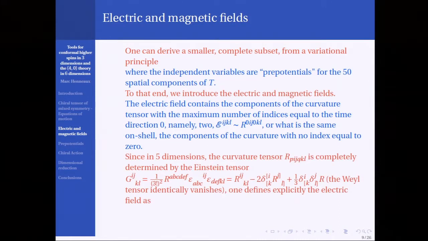And because we are in 6 space-time dimensions, we are in 5 spatial dimensions. Now in 5 spatial dimensions, and this actually will be a connection with 3 dimensions later, the curvature tensor of an object with mixed symmetry 2, 2 is in fact completely determined by the Einstein tensor.